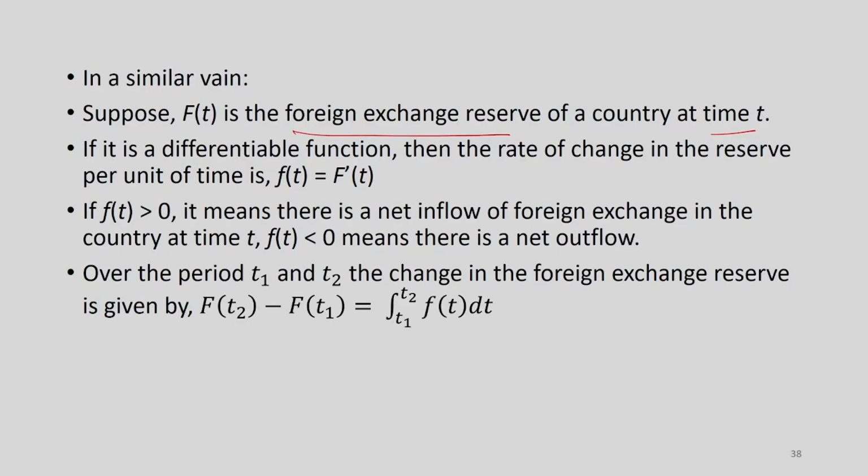Every country has a stock of currencies which are issued by other countries. For example, India will be having a stock of, let us say, US dollars. US dollars are the most accepted currency all over the world.